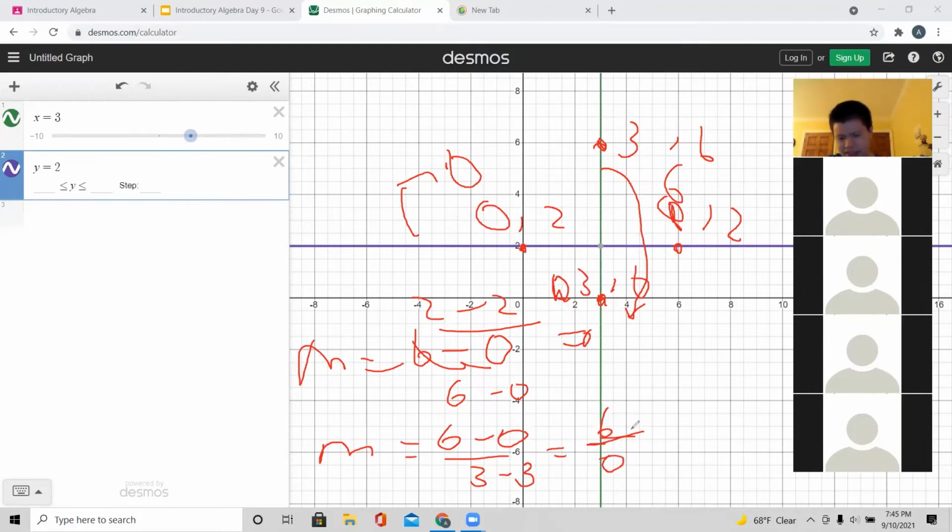As you can see, 6 over 0 doesn't really mean anything. You can call it infinity, but it's more like it doesn't exist. So a vertical line has a non-existent slope, which you could also call infinite slope.